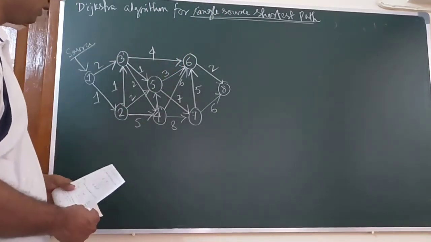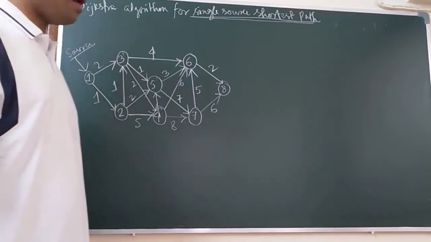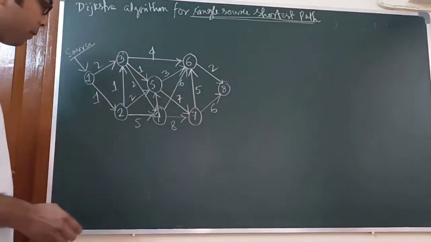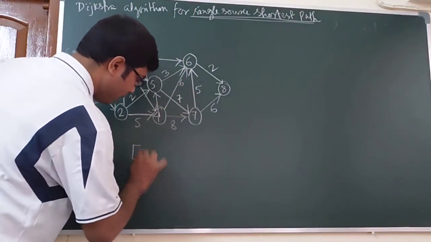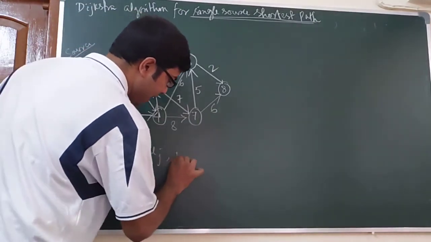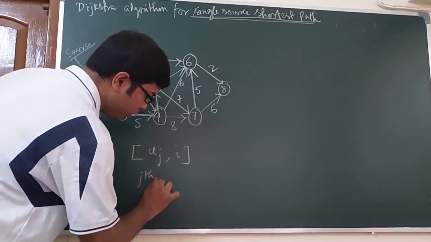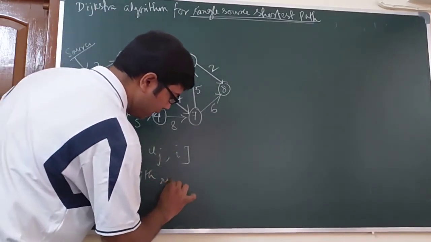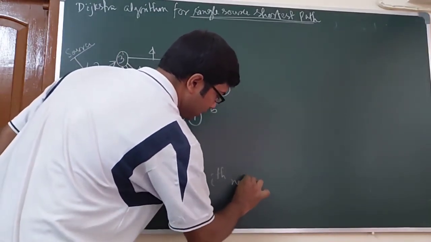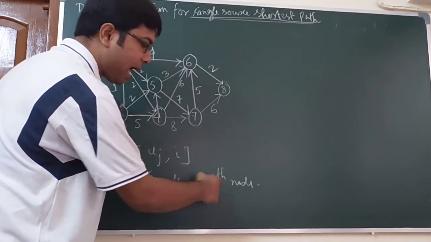In our previous video we discussed the labeling of every node. Every node, say the jth node, has a level (uj, i). It means the jth node is accessed from the ith node, that is, the jth node's immediate predecessor is the ith node.